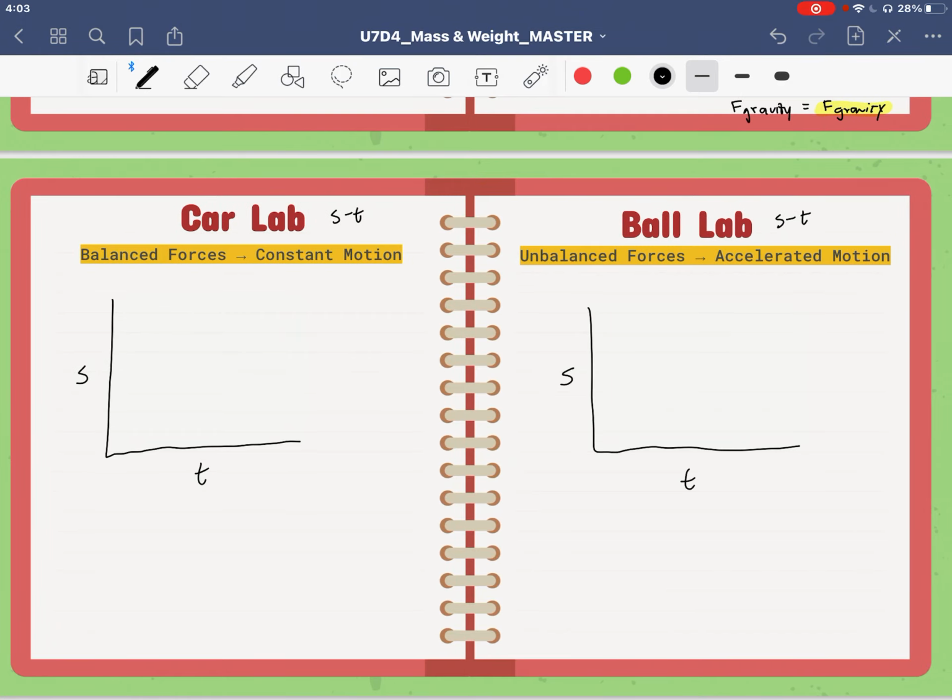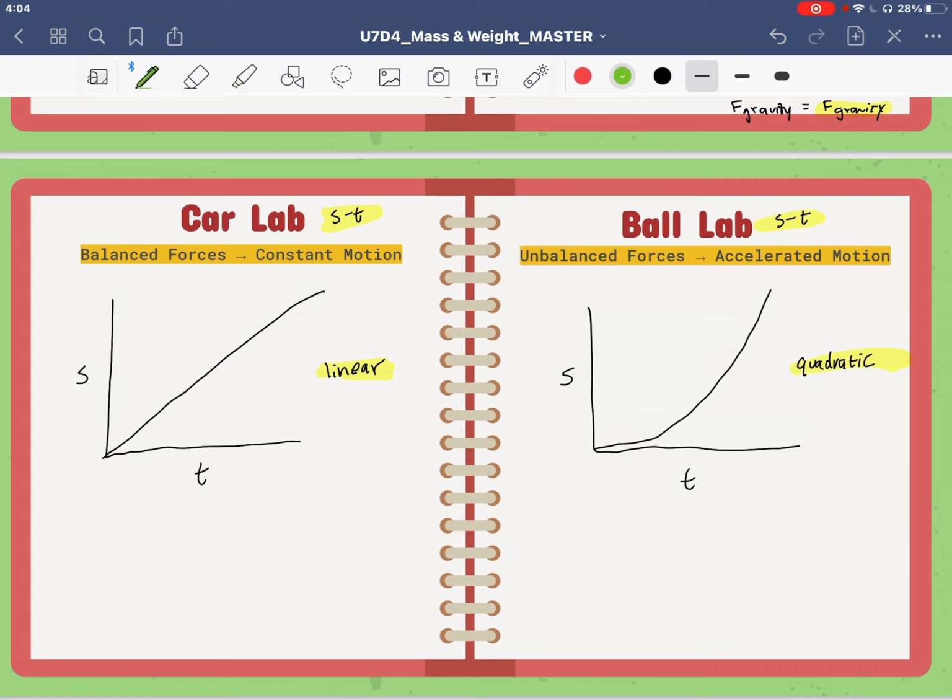What did we get in the car lab? We got something that looked kind of like this, a nice straight line. In the ball lab, we got something that looked more like this. So the displacement time graph was linear for the car lab. The displacement time graph was quadratic in the ball lab.